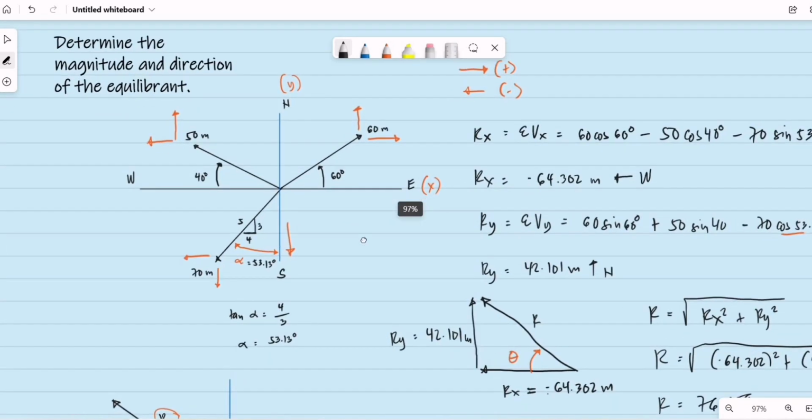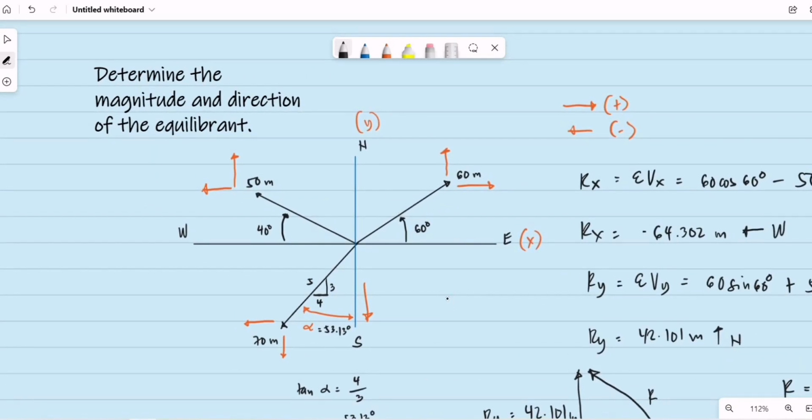So when it comes to the given, for example, we have this 60 meters. Its corresponding angle from the east direction is the same as the 60 degrees. For this 50 meters, its corresponding angle from the east direction is, if this is 40 degrees, 180 minus 40 is 140 degrees.